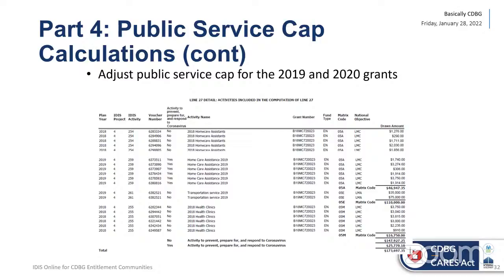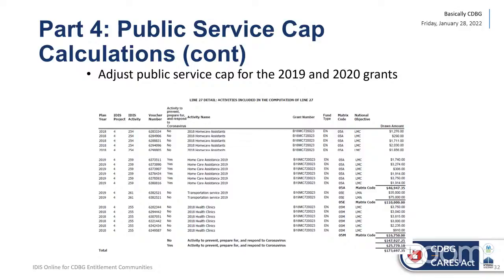So even though there's a separate PR26 for CV, and we're not looking at that one right now, we're only looking at the regular one. But now, because you can use your 19 and 20 funds in response to coronavirus from your regular CDBG, this now subtotals anything.